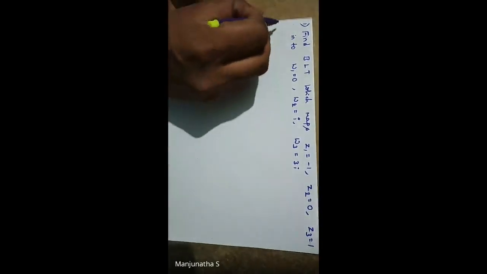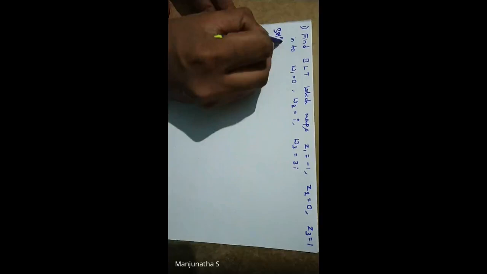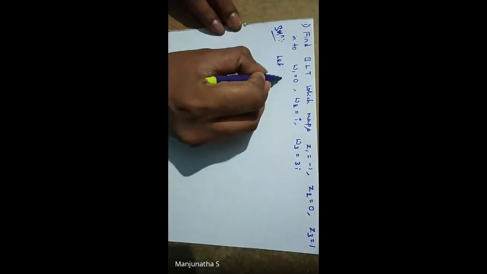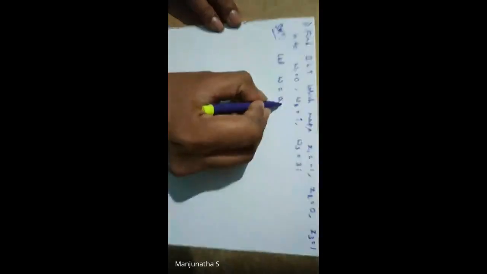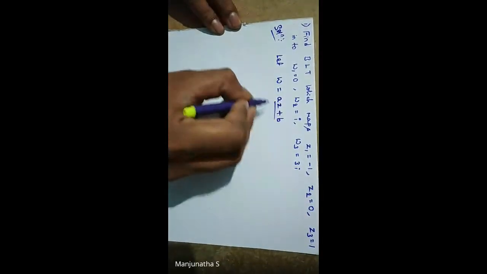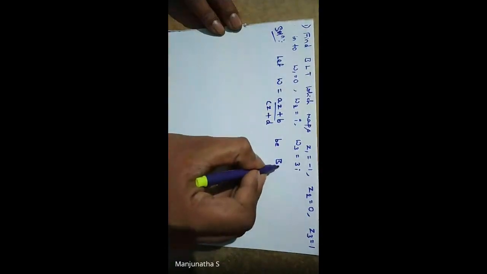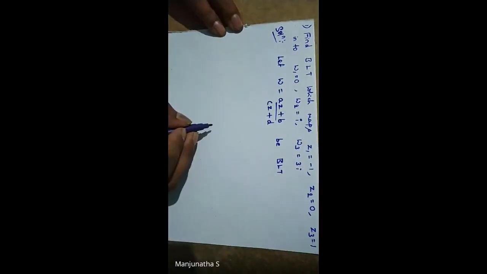We'll solve it step by step. Now we'll write the formula first. Let W is equal to (AZ plus B) divided by (CZ plus D) be the bilinear transformation. So this is the formula. What is the first step?